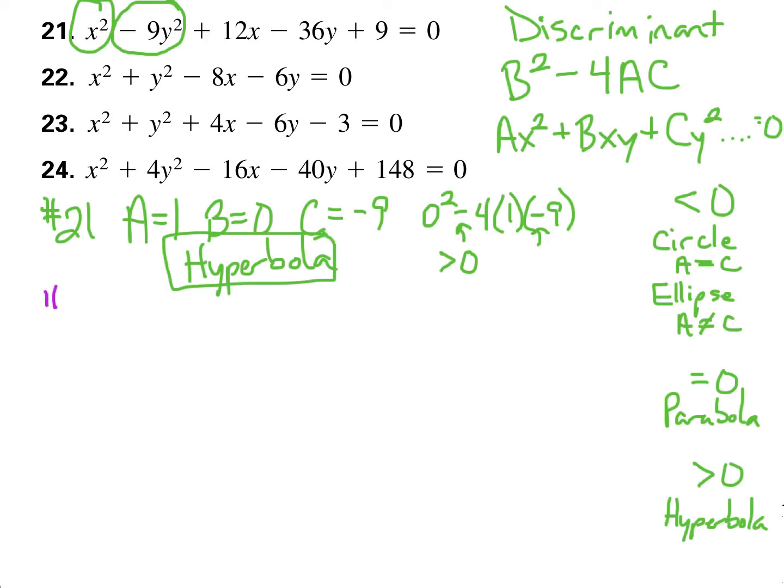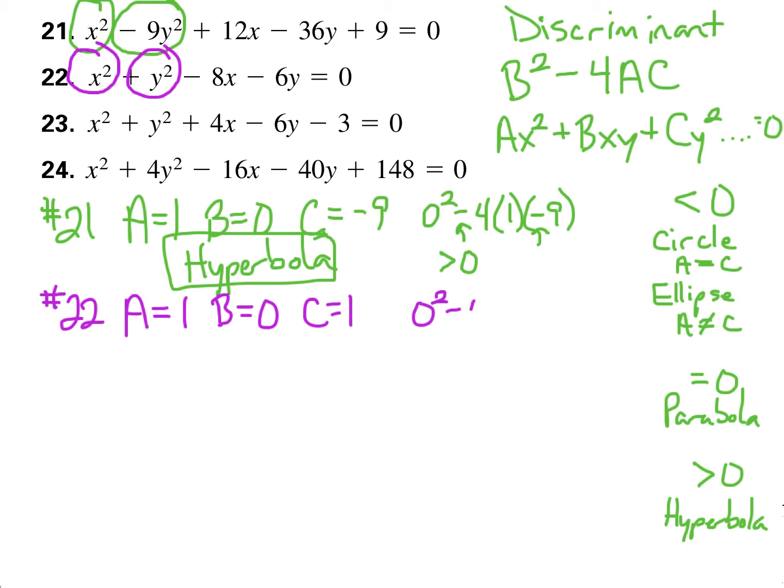Next, number 22. A is equal to 1. B is equal to 0 because there is no xy term. And C is equal to 1. Okay. So 0 squared minus 4 times 1 times 1.